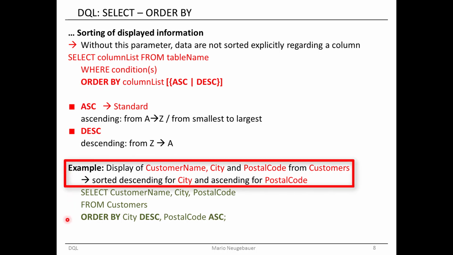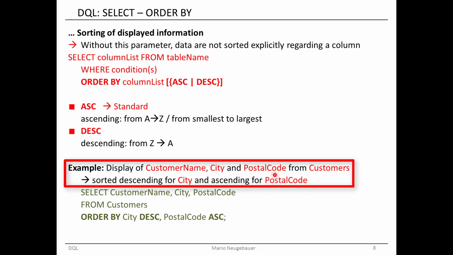There is a small example here where we again refer to our customers table in our online database, and we see that we have the customer name, the city, and the postal code as the columns to which we want to refer. And we want to make some sorting on our city column, and also some sorting for our postal code column.